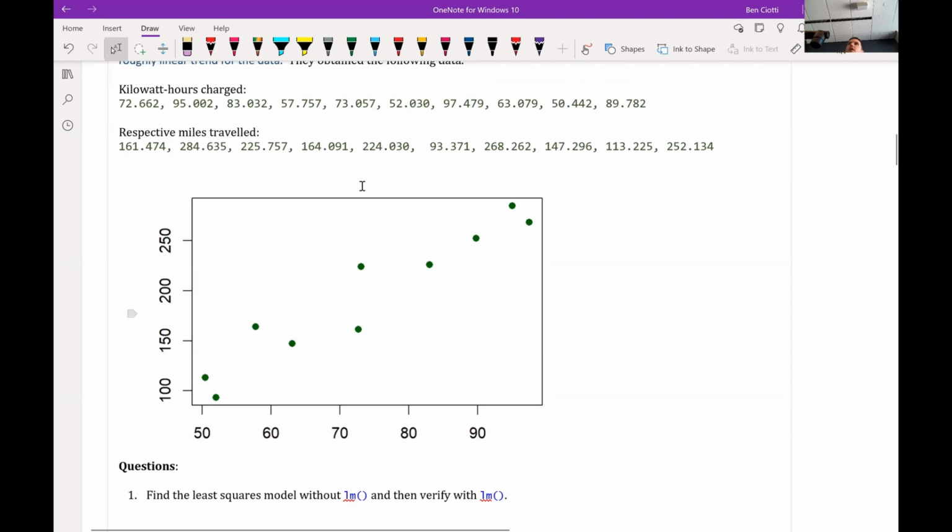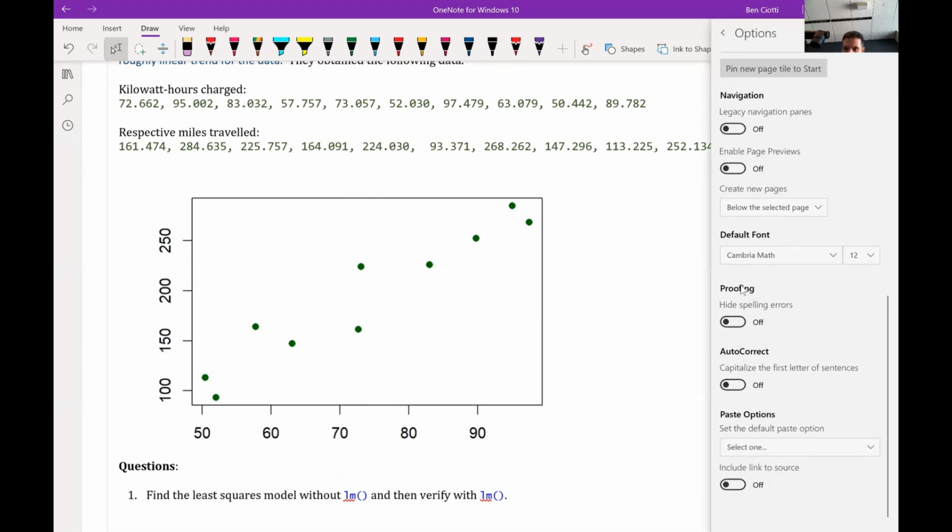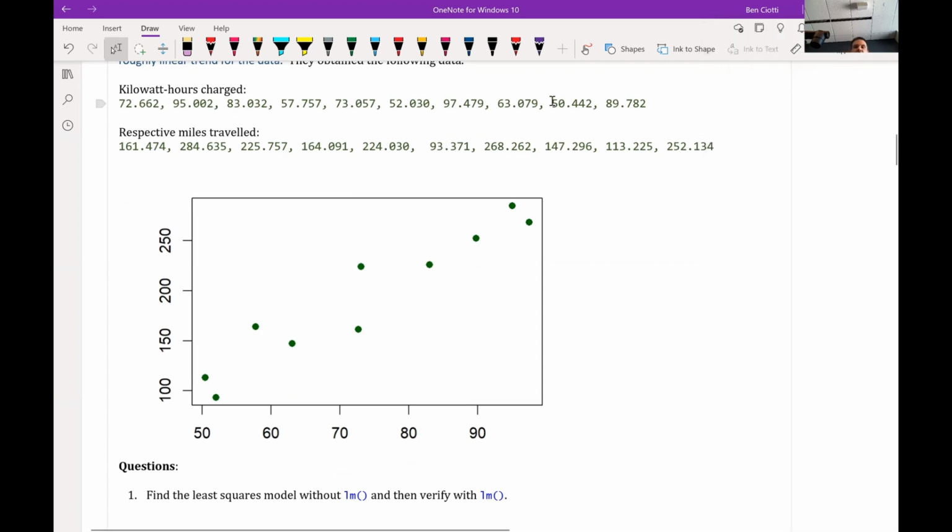So let's let x. Oh, by the way, what would I be treating as the independent variable here?